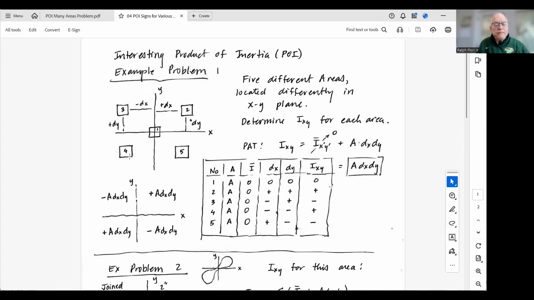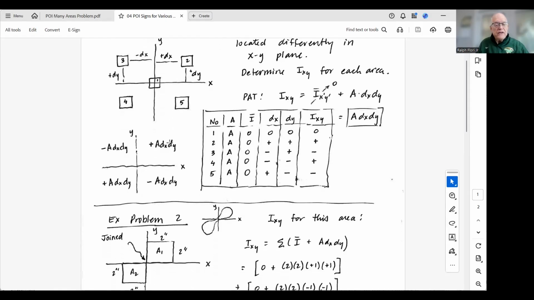In quadrant 3, down here, for area 4, the dx is negative, the dy is negative, and so the A dx dy term is actually positive. And then finally for area 5, we have a positive dx, a negative dy, and so his IXY is negative down here. And I note here: positive, positive, negative, negative, which follow from the dx dy terms.